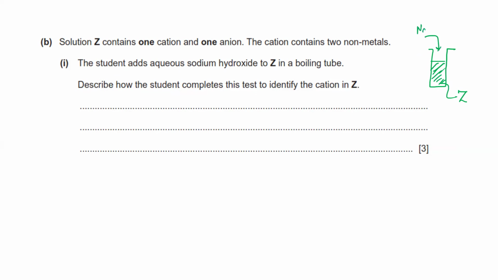Add NaOH. Okay, so first of all, when you add sodium hydroxide in a boiling tube, first of all, warm the mixture. So there will be a gas released.